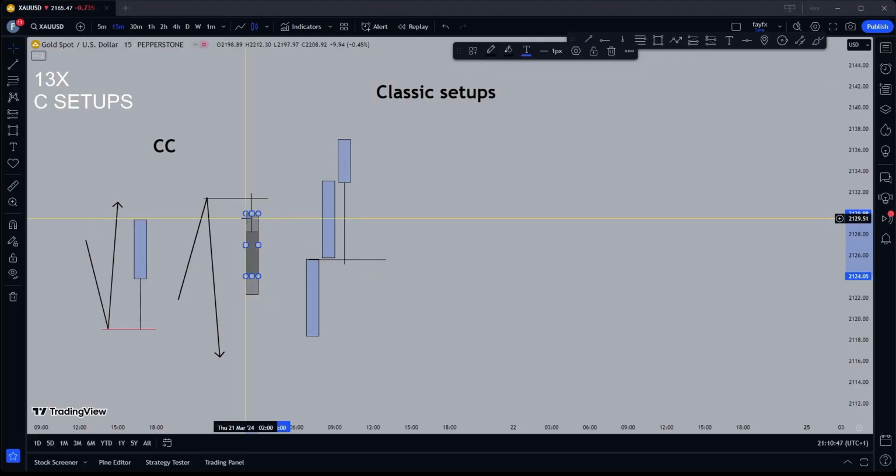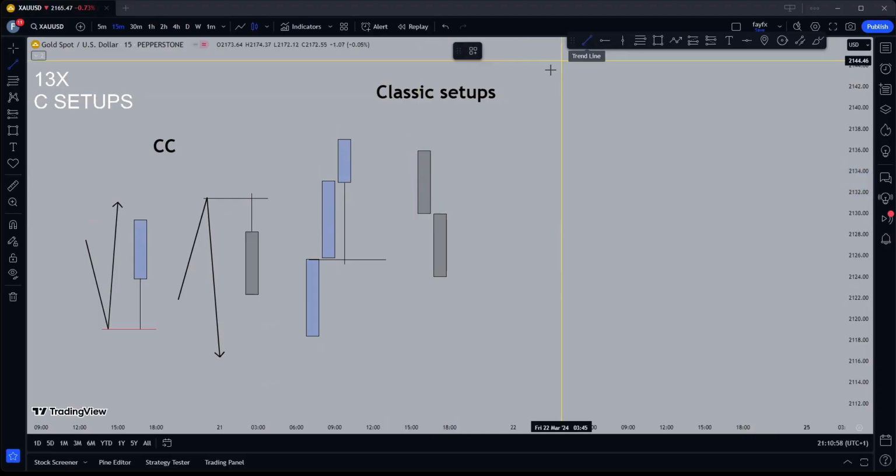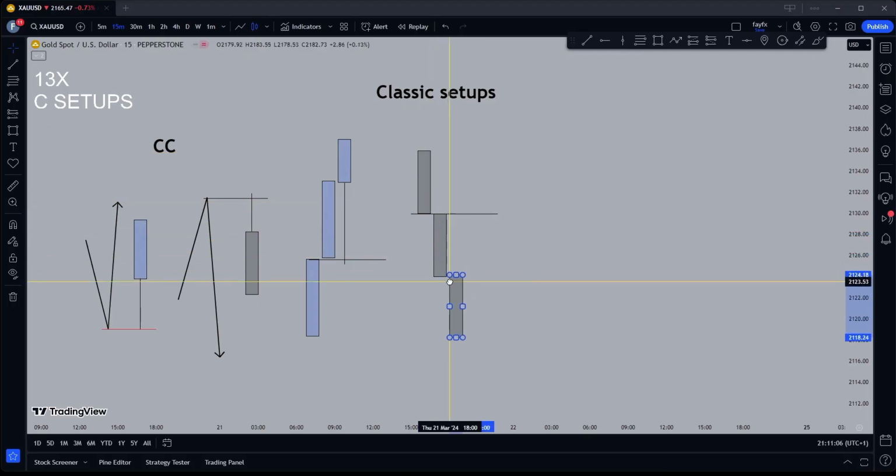Or a bearish gap, let's say it is our gap, the CC should be bearish.